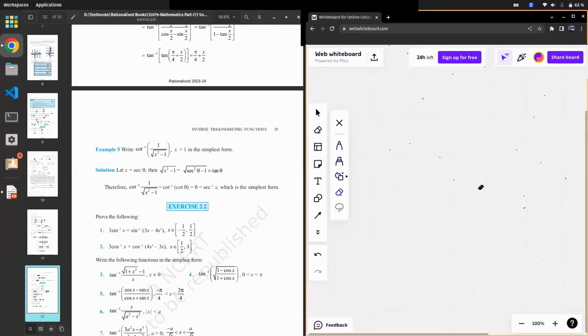The first question says prove the following: 3 sine inverse x is equal to sine inverse of 3x minus 4x cube. The domain of x is also given.